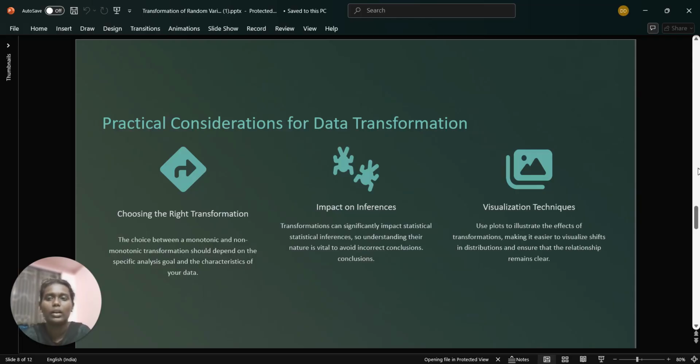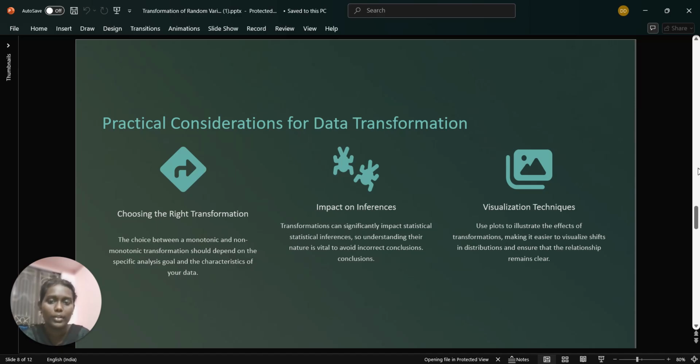Let us understand transformation of random variables by taking practical considerations for data transformation, like choosing the right transformation. The choice between a monotonic and non-monotonic transformation should depend on the specific analysis goal and the characteristics of your data.